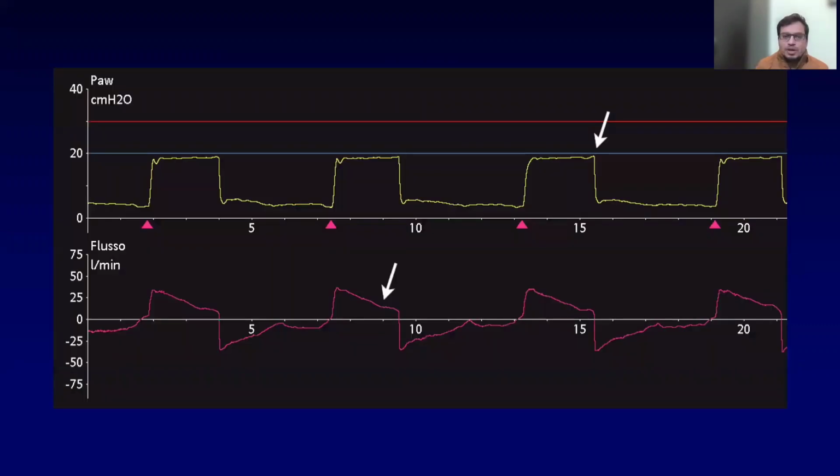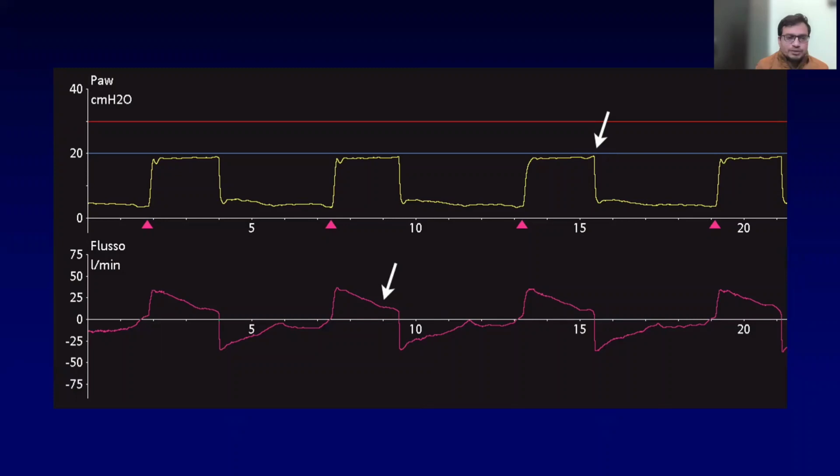Okay, now look at these waveforms. This is the graphics from pressure support ventilation mode. Here the arrow is showing, okay, I will just turn on the laser pointer. So here the arrow is showing something which is an overshoot in the pressure graph during the end of expiration, which is actually a sign of delayed cycling.